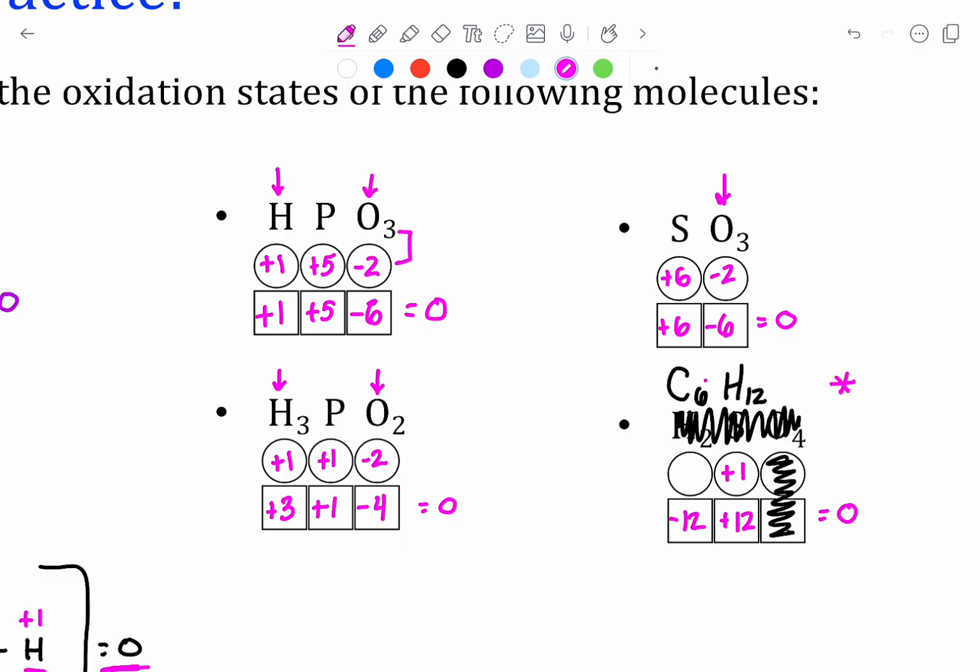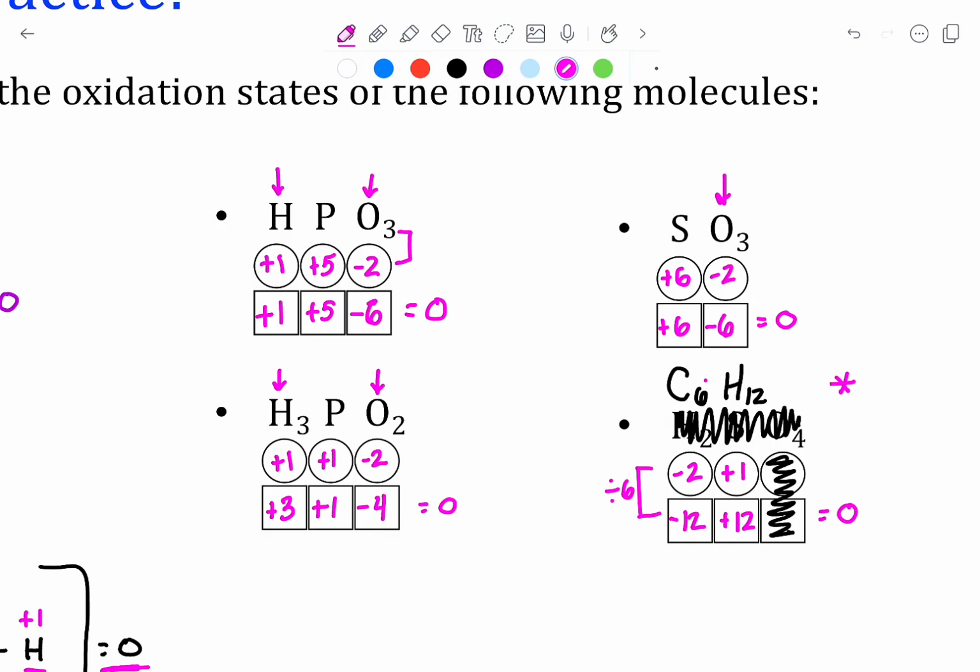Well, if the carbon contribution overall is minus 12 and there are 6 of them, how do we distribute that minus 12 charge over all 6 of them? Well, we take 12 and we divide it by 6. So we get minus 2. So the individual oxidation state of each carbon is minus 2. There are 6 of them, so overall it contributes a minus 12.